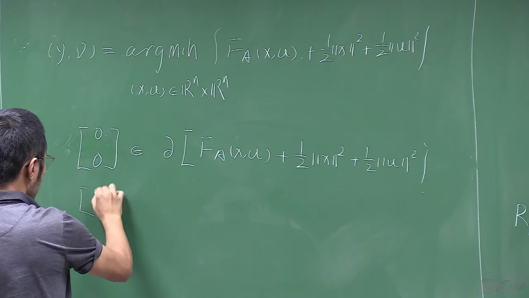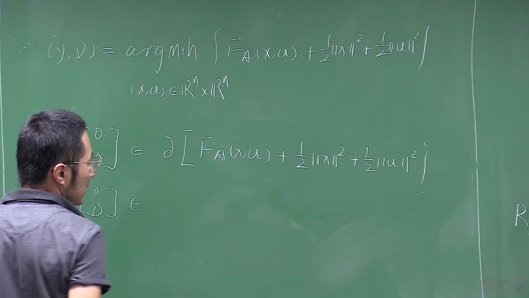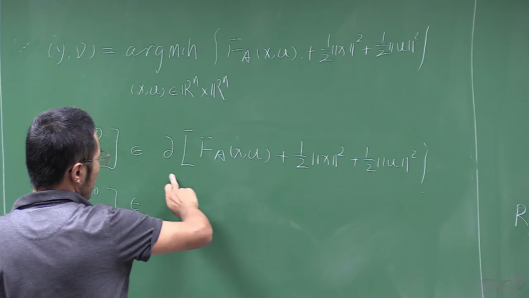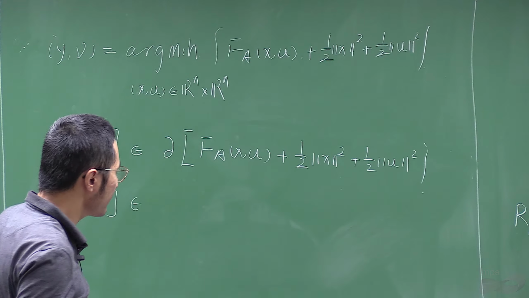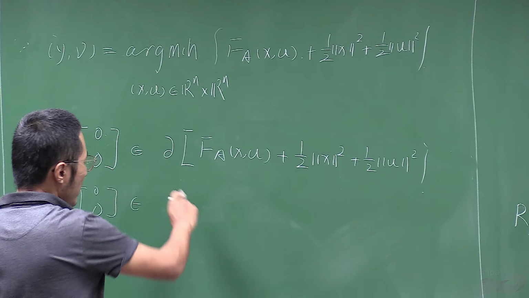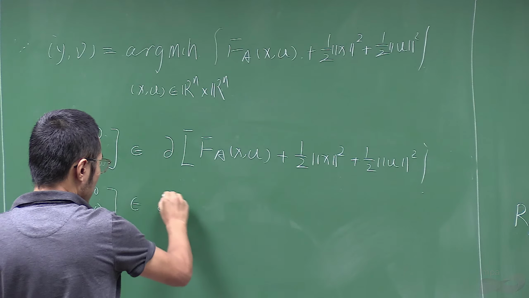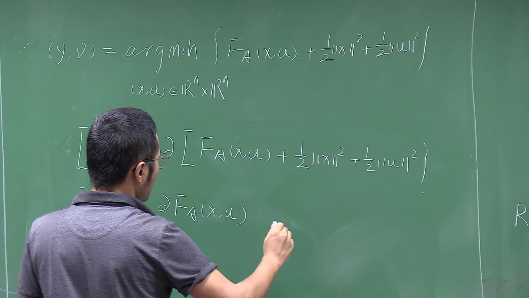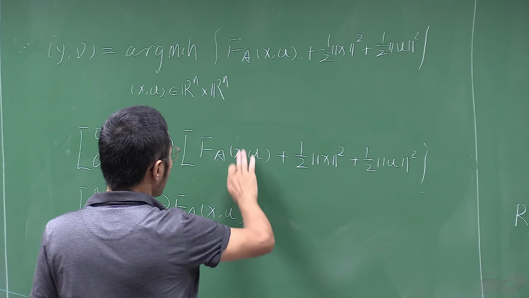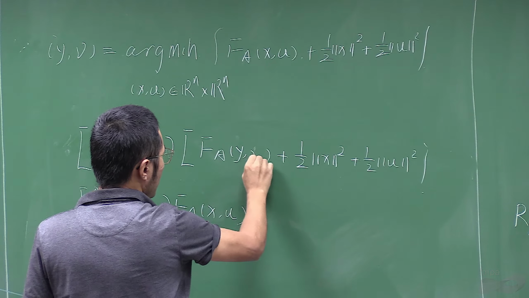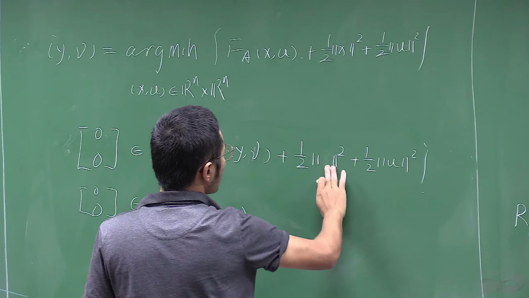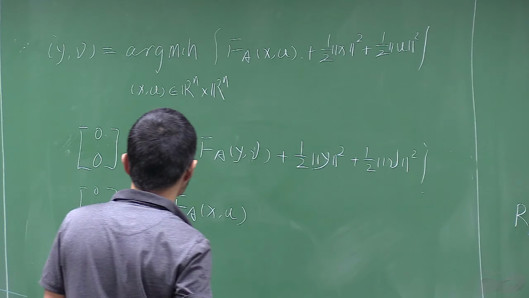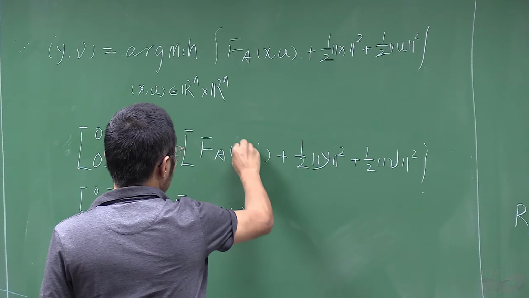So it is equivalent to say 0 belongs to, using the identity of the subgradient of a convex function, the subgradient of Fa at xu, and this should be y, v, and this should be y. This should be v. No. Sorry about that.